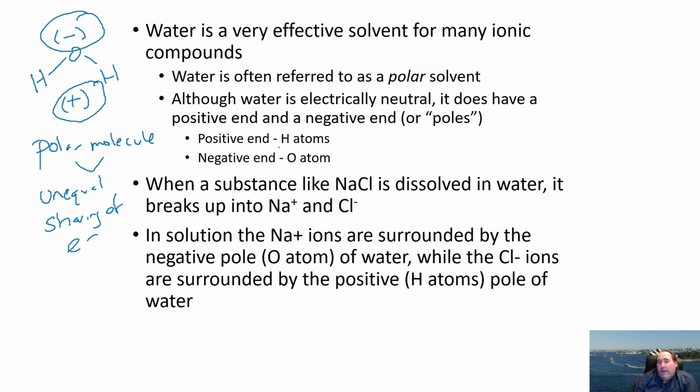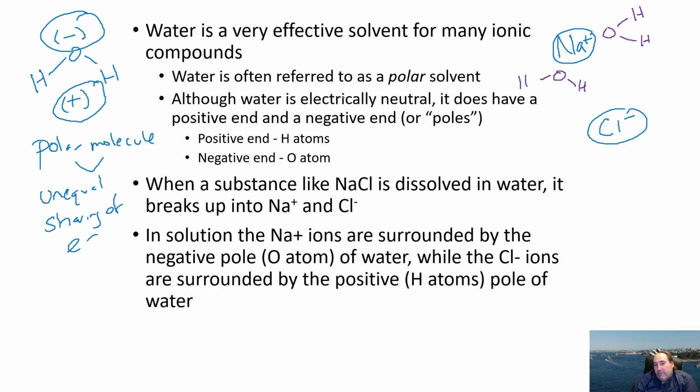And that works really well when sodium chloride goes for a swim in water, because it produces sodium ions, which are positively charged, and chloride ions, which are negatively charged. How things dissolve is that the water molecules are attracted to these ions. When water gets near the sodium ion, which is positively charged, it aligns itself with its oxygen near it, because oxygen in water is more negative.